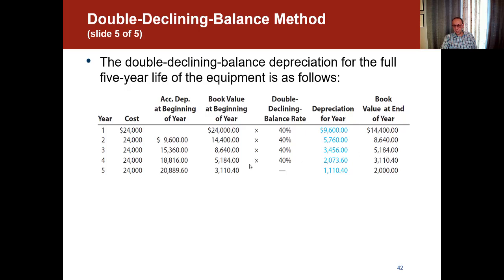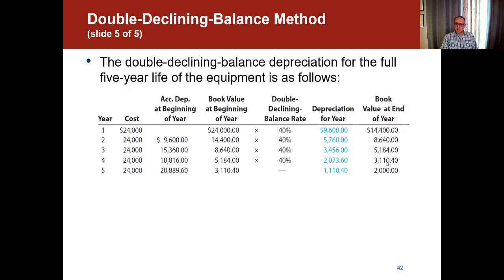Then you take the amount of depreciation expense for the year, add it to the 15,360, and that will give you the new accumulated depreciation, deducted from 24,000, and that will give you also the same value for the book value at the beginning of the year. Multiply by 40%, get the 2,073. The 2,073 deducted from the 5,184, you get the new book value at the end of the year.